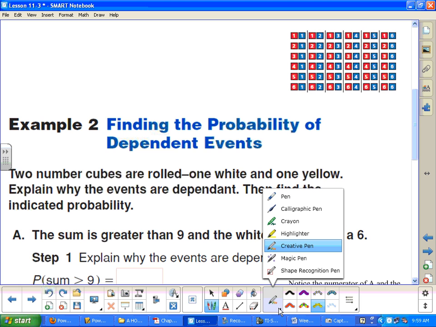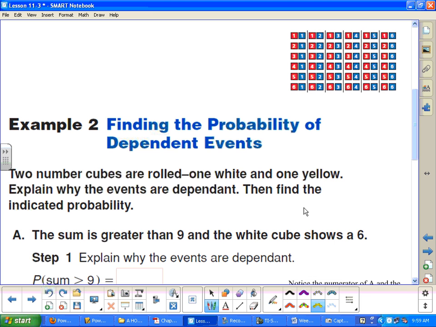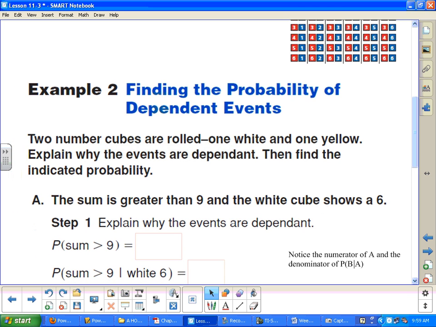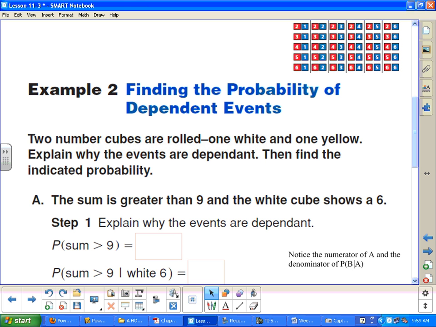All right, let's go to our friend here, the rolling 2 number cubes together. We want to find the probability of dependent events. So 2 number cubes are rolled, 1 white and 1 yellow.